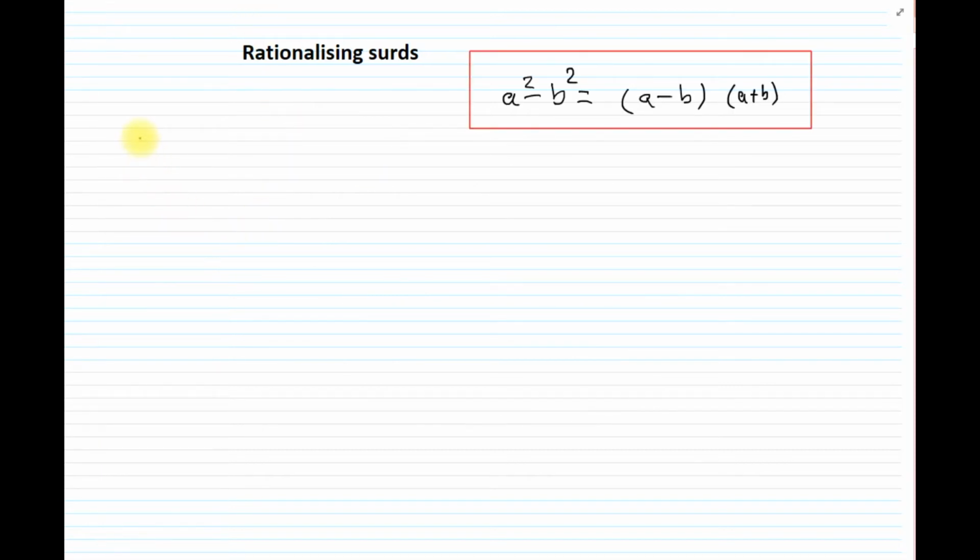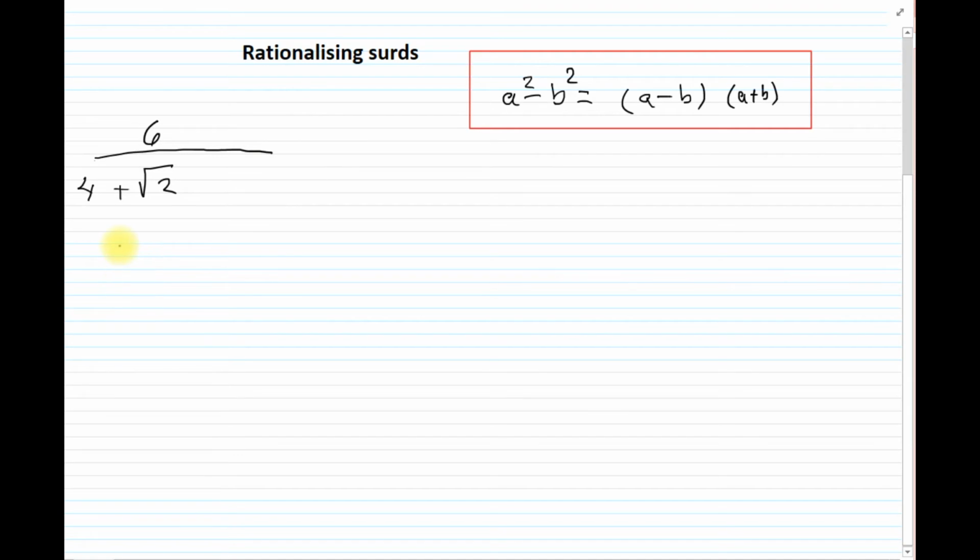Okay, let's do another example. As you can see, I have now put our identity in this red box so that we can refer to it as we need. So let's say I have 6 divided by, let's use a larger number, sorry, 4 plus square root of 2.